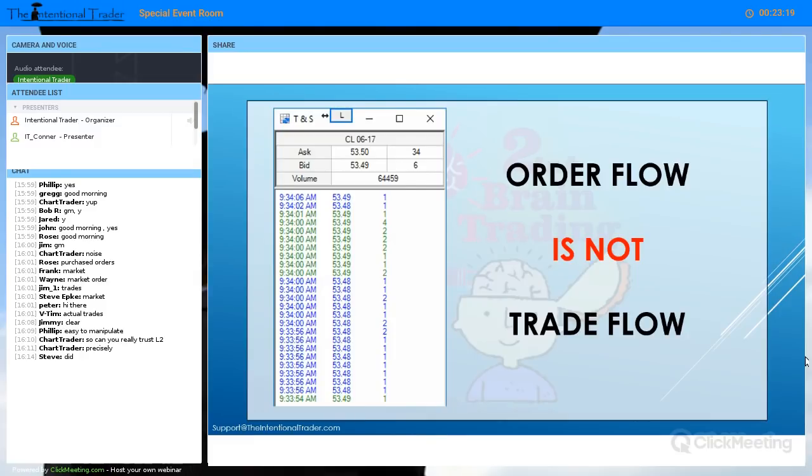Right? So just to be clear, order flow is not trade flow. Trade flow did happen. These are trades that have actually been processed in the market.